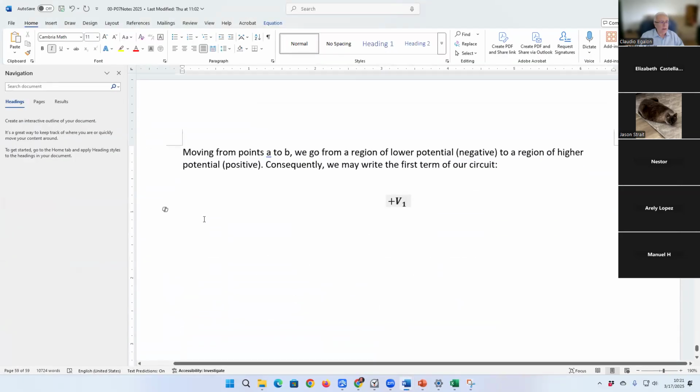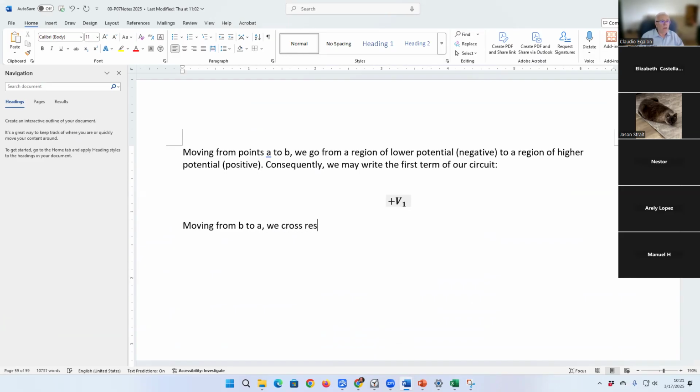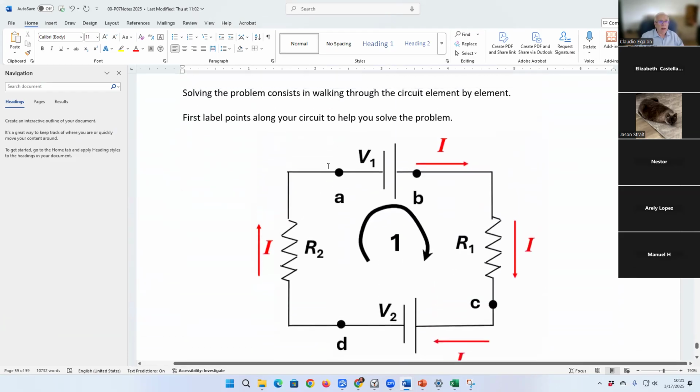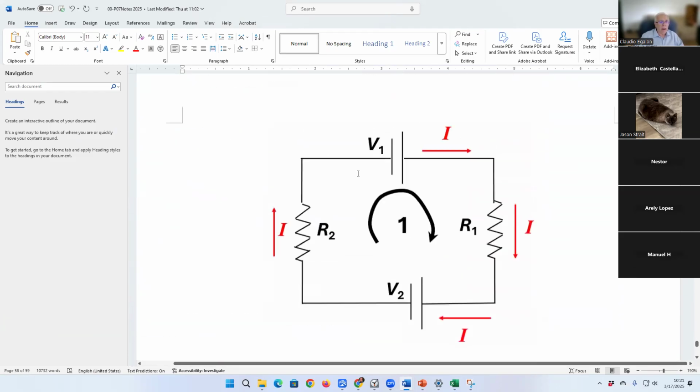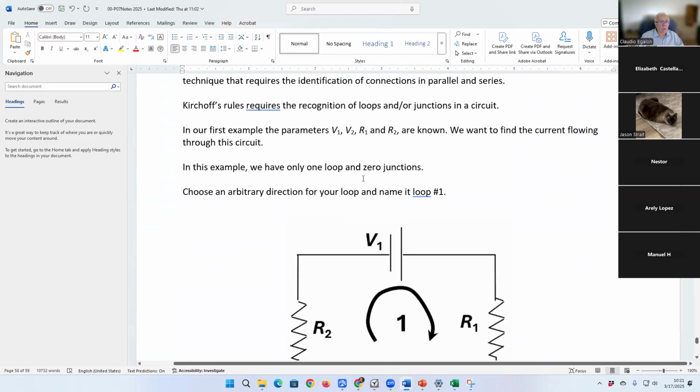Moving from B to A, we cross resistor R1.